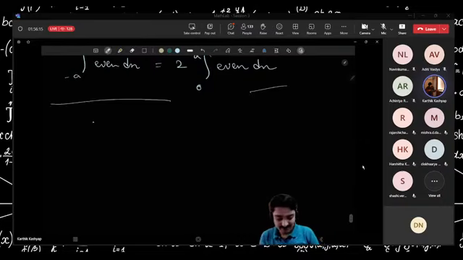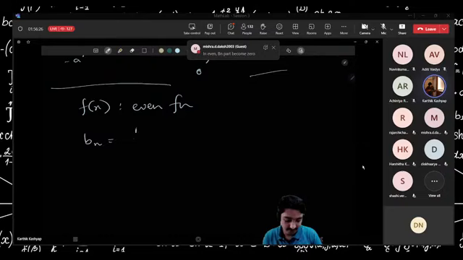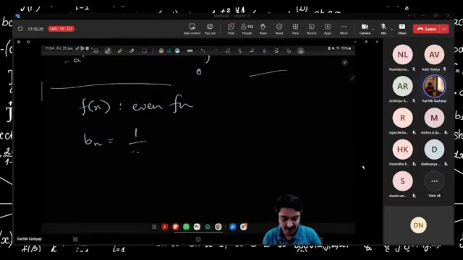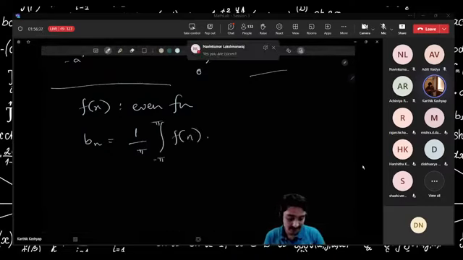Now, suppose f of x is an even function. Let's look at a naught. Before that, let's look at bn. So we get 1 by L times, let's take it from minus pi to pi just to show, the integral from minus pi to pi of f of x sine nx dx.